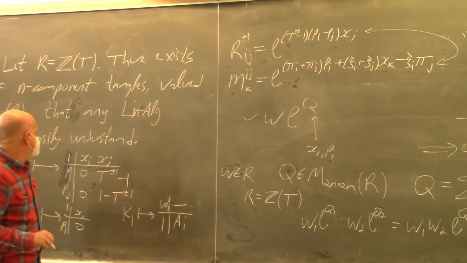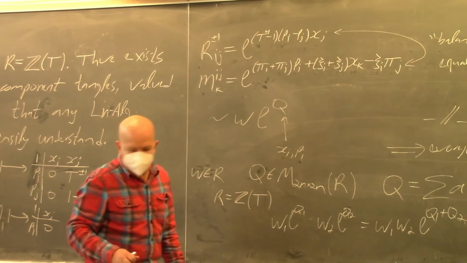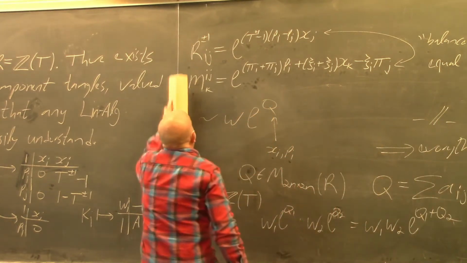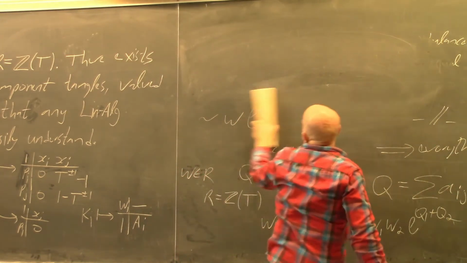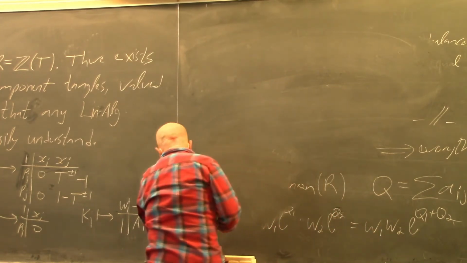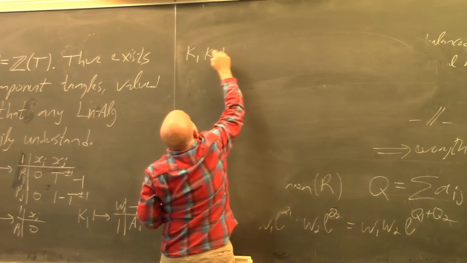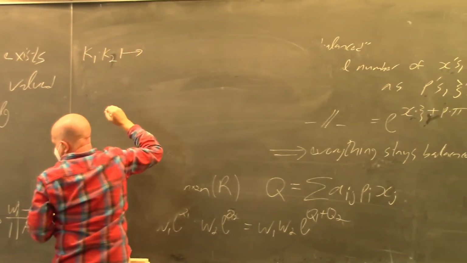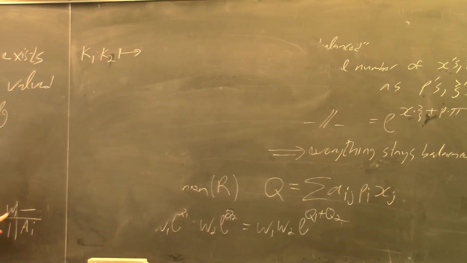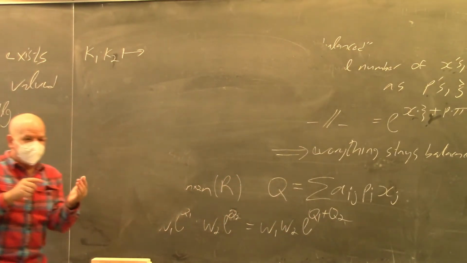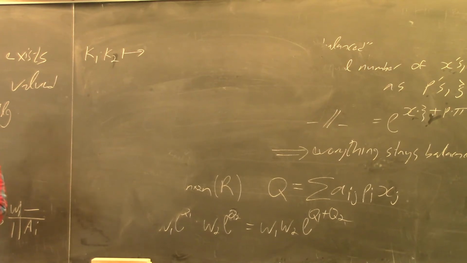And if the set of labels is disjoint, then the invariant of K1 cross K2 will be, so you multiply, which means multiplying the omegas and adding the quadratics, but adding quadratics on disjoint sets of variables means the block diagonal sum of the corresponding matrices.